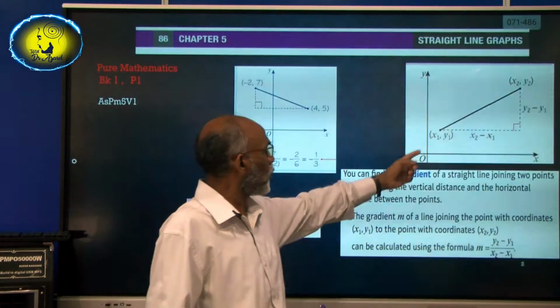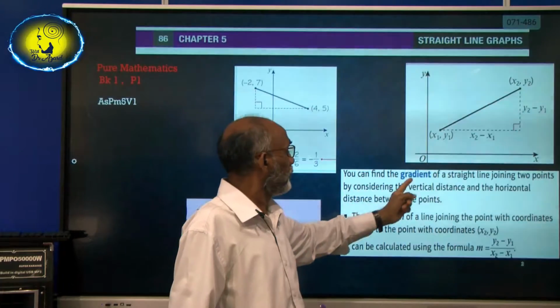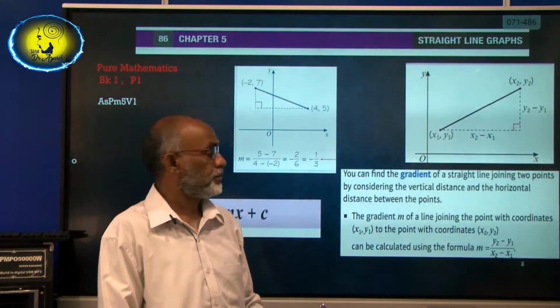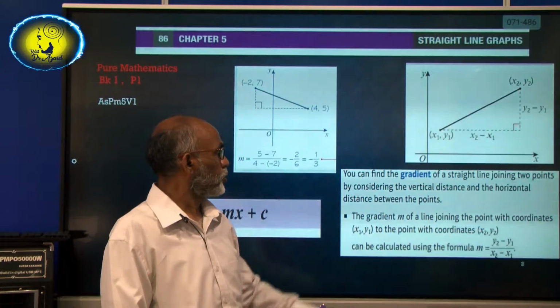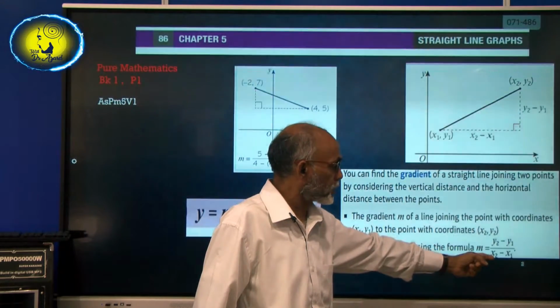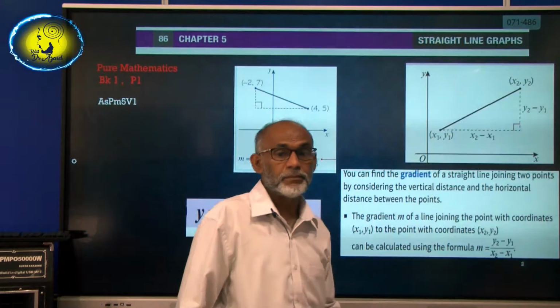Once we know the coordinates of 2 ends, we are able to find the gradient. In order to find the gradient: y2 minus y1 upon x2 minus x1.